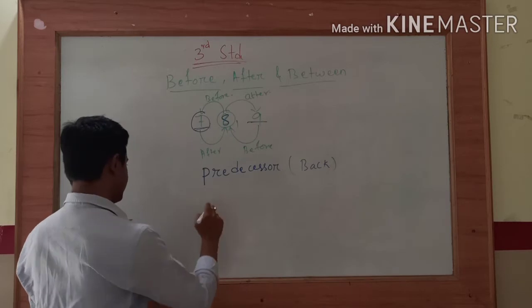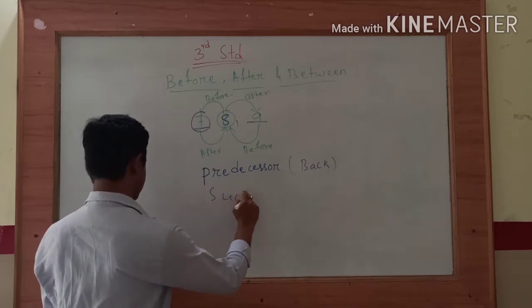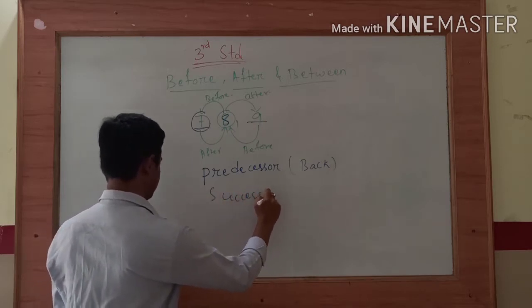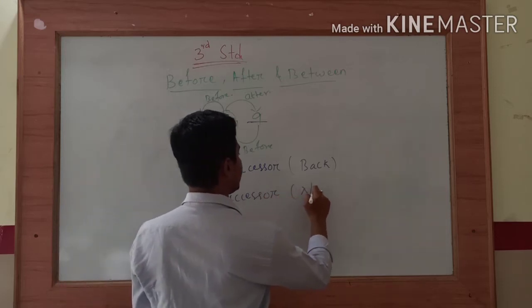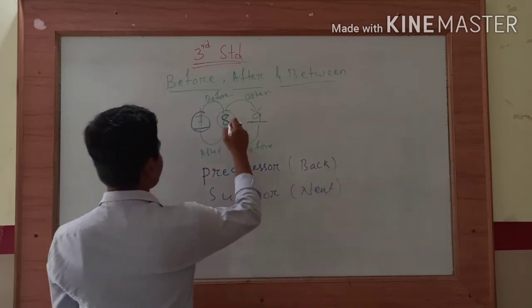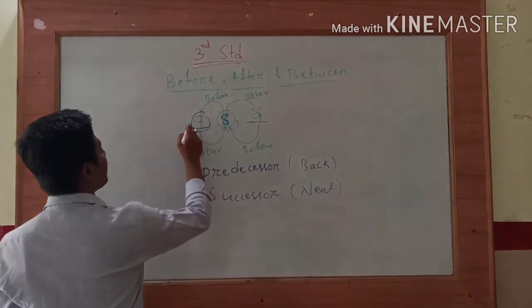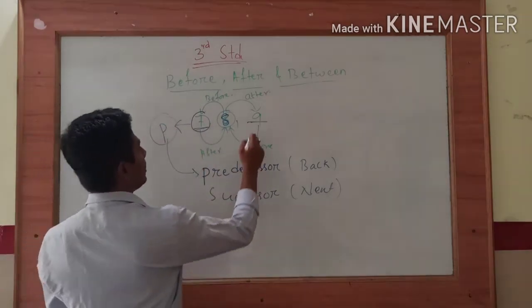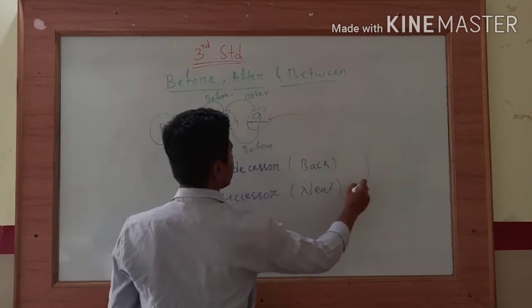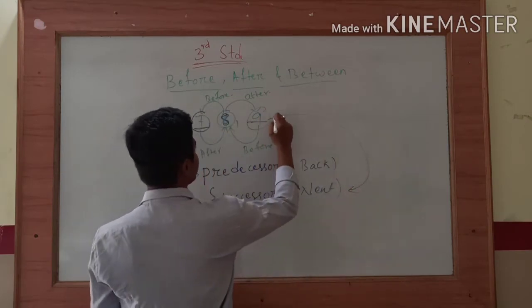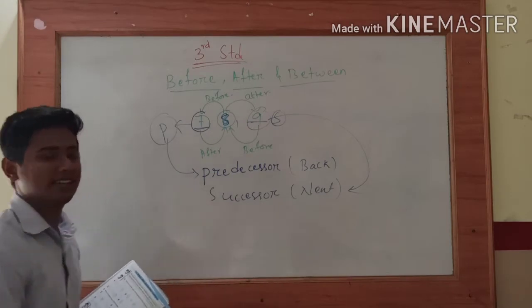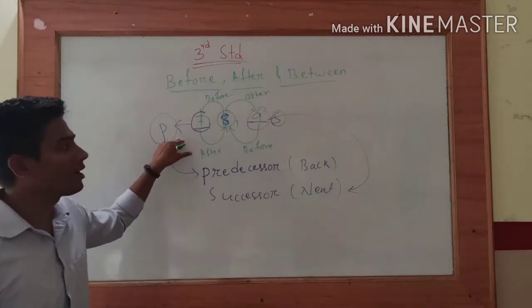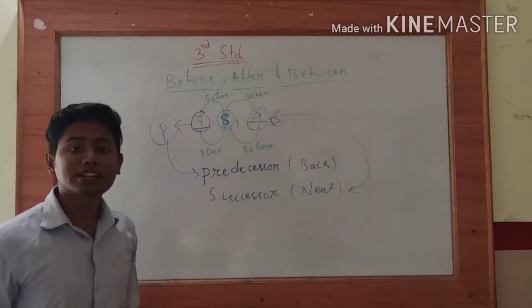Then successor means next. So if 8 is the given number, 7 is the predecessor number, that is back, and 9 is the successor number. So 7 is the predecessor and 9 is the successor.